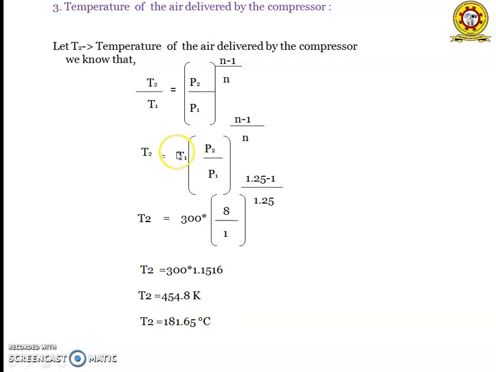By substituting the value T1 as 300 Kelvin and P2 as 8 bar and P1 as 1 bar and n is equal to 1.25, we will get the delivered temperature T2 as 454.8 Kelvin. We have to convert Kelvin in terms of degree centigrade. So by subtracting the value 273, so 454.8 minus 273.15, we will get the delivery temperature T2 as 181.65 degrees centigrade. From this we concluded the three unknown parameters.